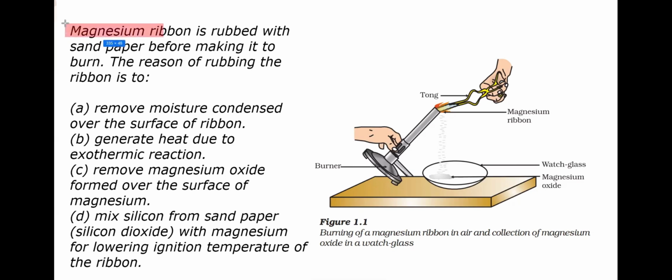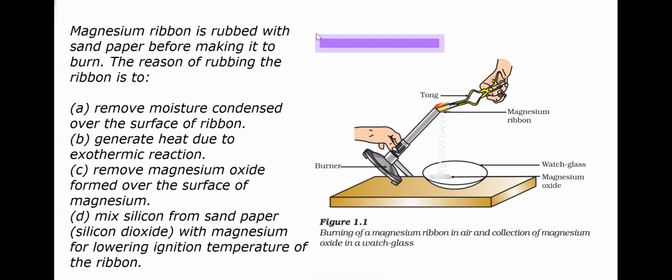In this MCQ, it says a magnesium ribbon is rubbed with sandpaper before making it burn. Now you have to find out the reason for rubbing this magnesium ribbon. What you should know is that magnesium is a very reactive metal. So what happens? The magnesium ribbon reacts with oxygen present in the atmosphere and forms a thin layer of magnesium oxide.